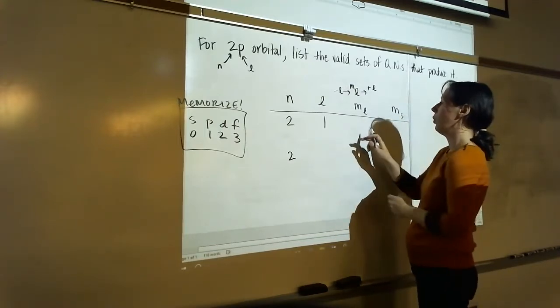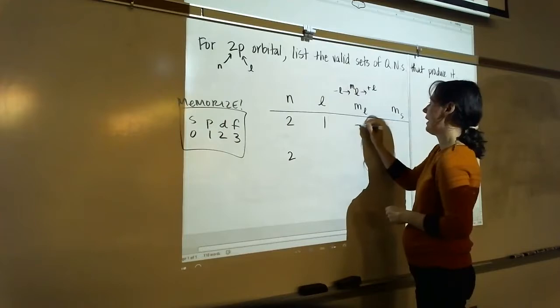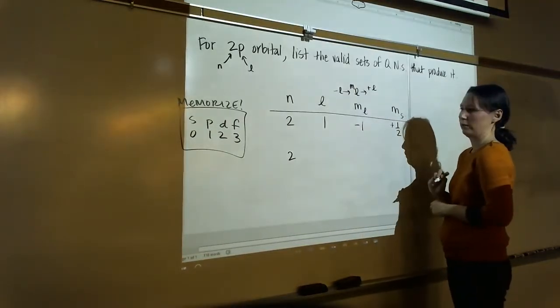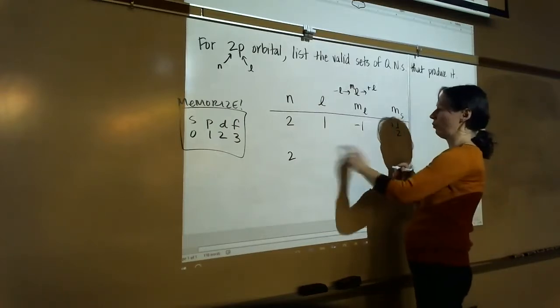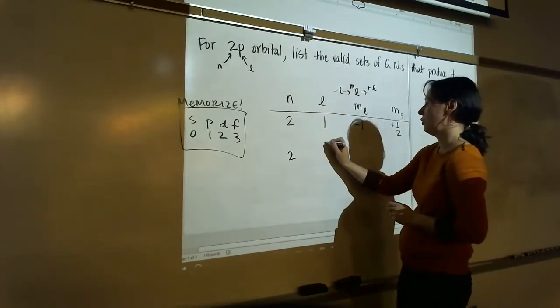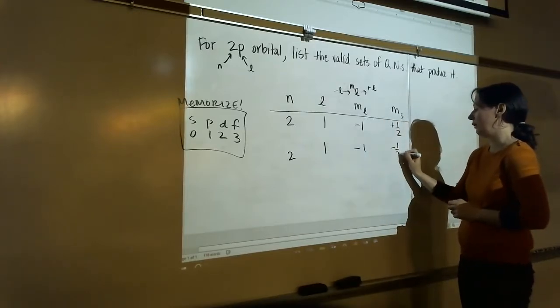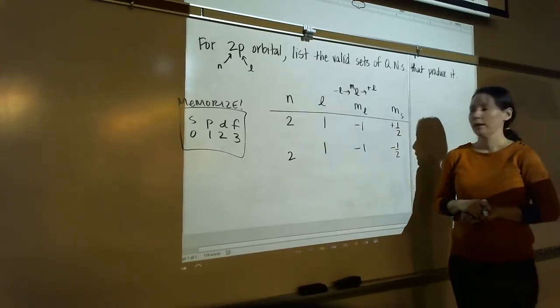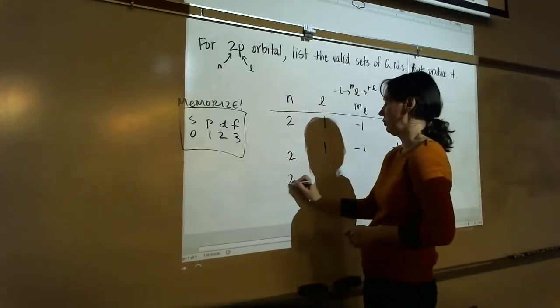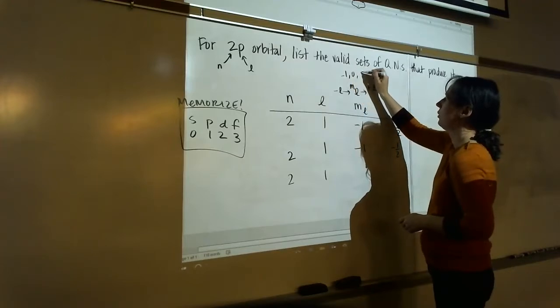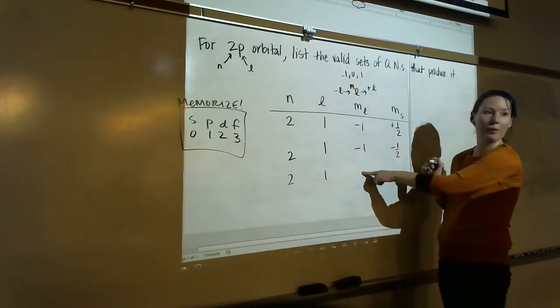So 2, 1, let's just start negative. -1, and then let's do +1/2. All right, that works. But then what also would you have to have? 2, 1, -1, -1/2, right? What else could you do? 2, 1, if this is the range, -1, 0, 1, we have to have that option, right?